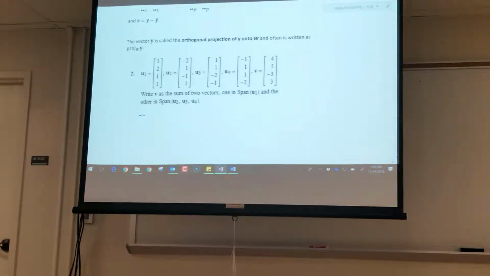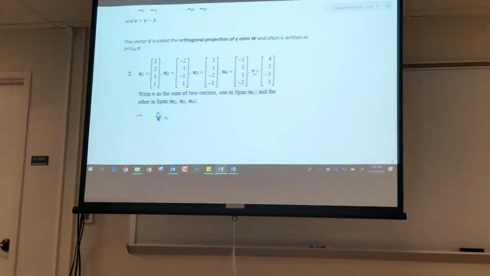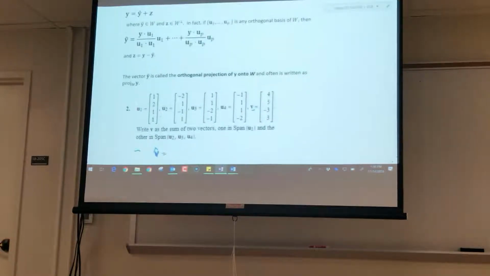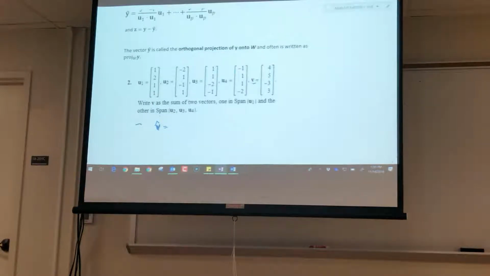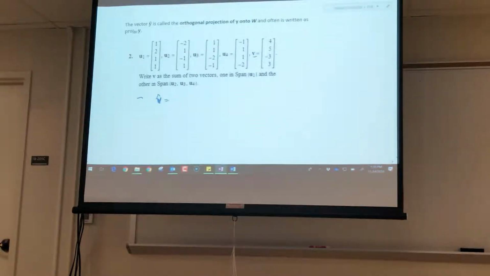So we'll call this v, so we'll call it v hat is equal to, and according to this, I need to take the dot product of my vector with each of those basis vectors, and then divide by the dot product of the basis vector with itself, and then multiply it by the basis vector. All right, so let me just write down the formula.